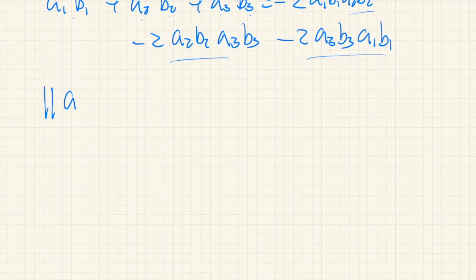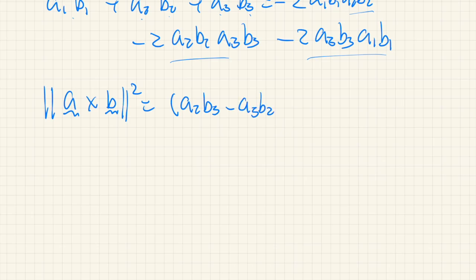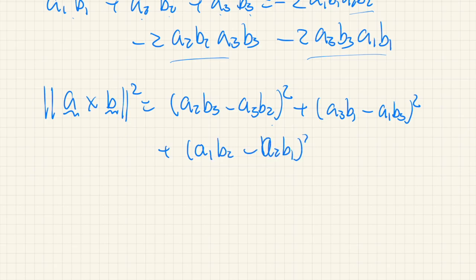So the norm of A cross B squared is: the first component, A2 B3 minus A3 B2, squared; the second component, A3 B1 minus A1 B3, squared; and the third component, A1 B2 minus A2 B1, squared. Let's expand everything.